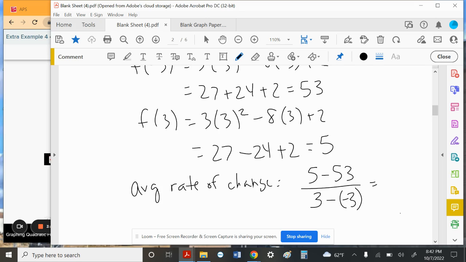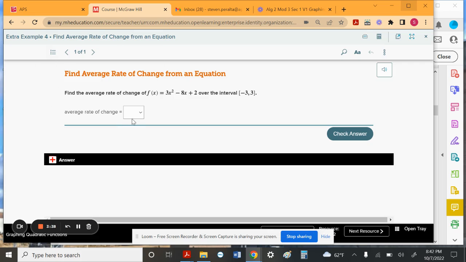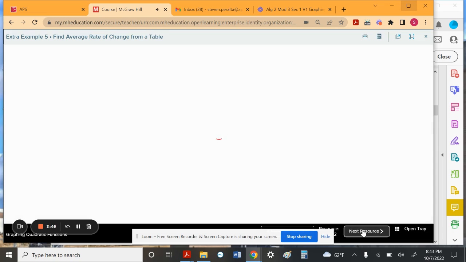So we have 5 minus 53, which is negative 48, all over, in this case, 3 plus 3, which is 6. Negative 6 goes into 48 8 times, so that would be negative 8 here. If we do a drop down, we can check and see if we're okay. Okay, let's move on to the next one.